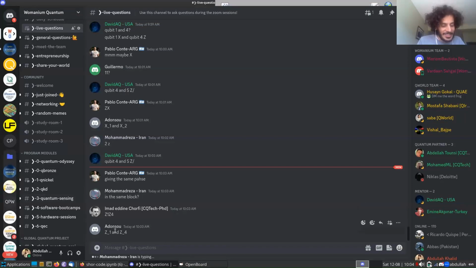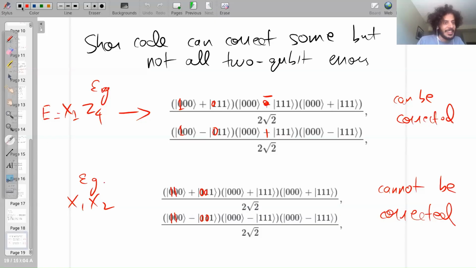So Adonso has the correct answer again: if I apply Z1, Z4, for example, then the same idea applies, that I will flip the signs in the first block and the second block. All of these signs will be flipped, and that means I will again incorrectly estimate, because these will both be minus and this will be plus.